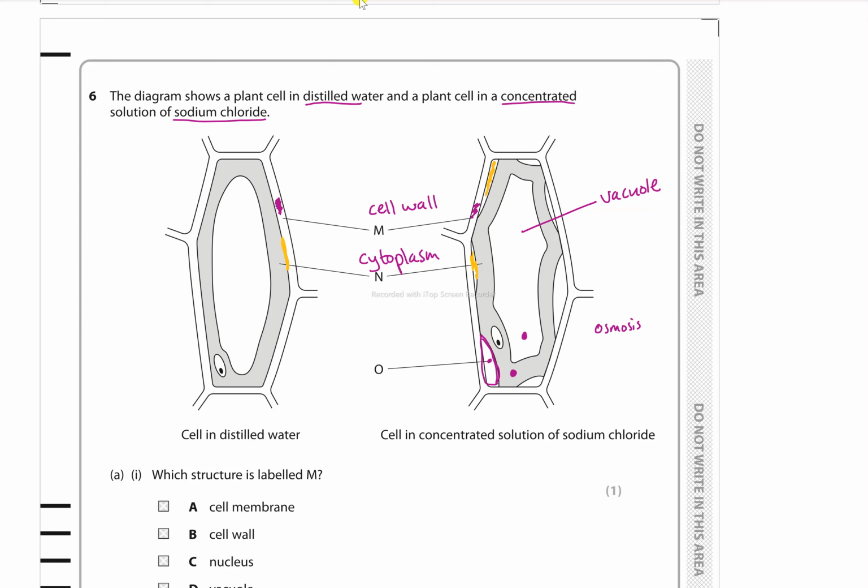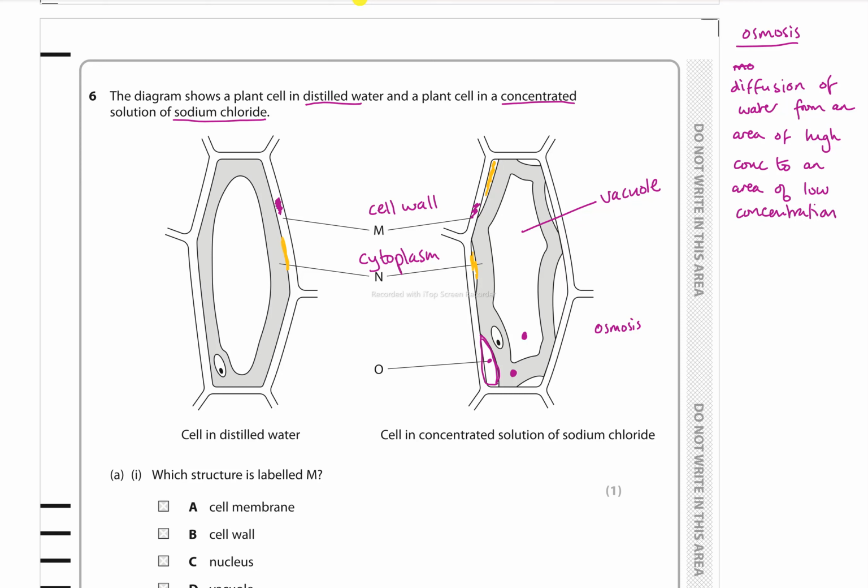What is osmosis? Osmosis is the diffusion of water molecules or particles from an area of high concentration to an area of low concentration. Now remember what we said.